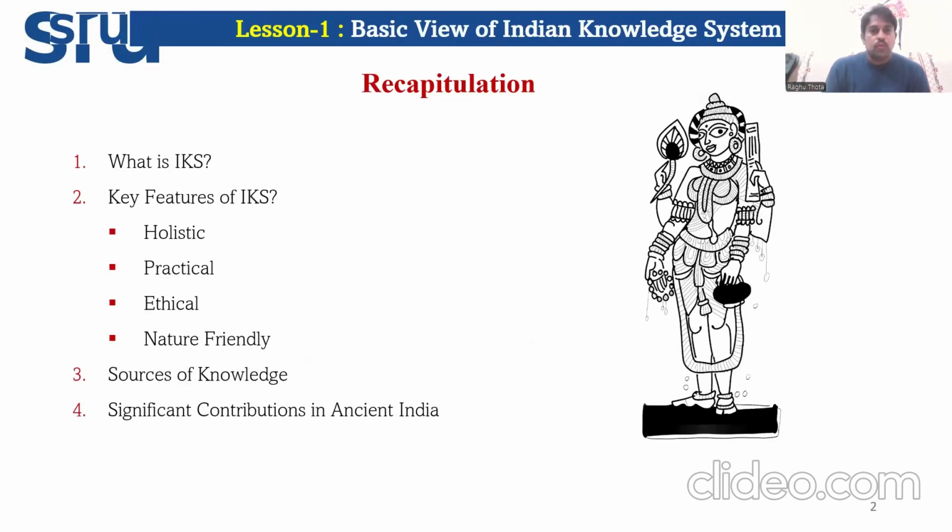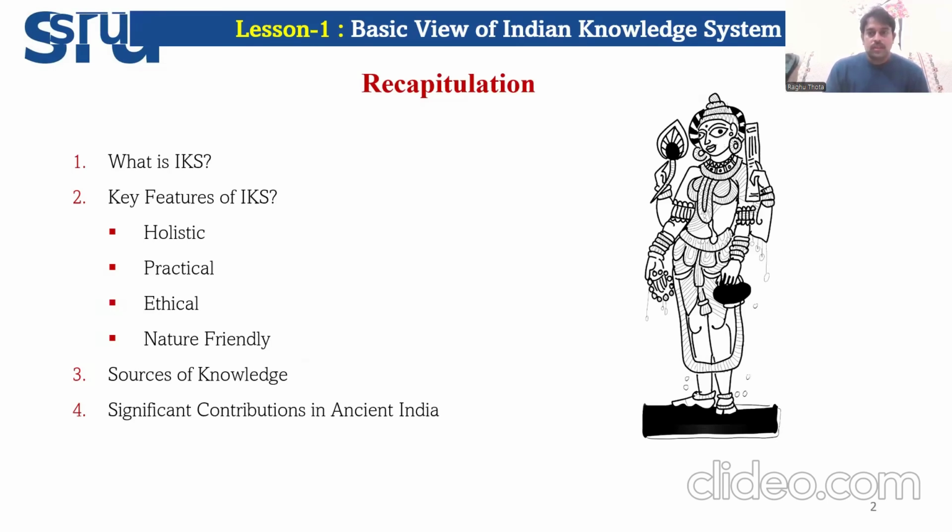First, lesson number 1, the basic view of Indian knowledge system. So let us recapitulate the key ideas we have discussed under lesson number 1. We had a discussion on 4 important points. One is, what is IKS? What are the key features of IKS?